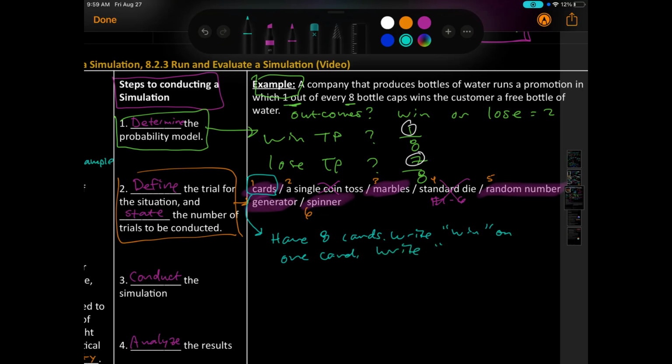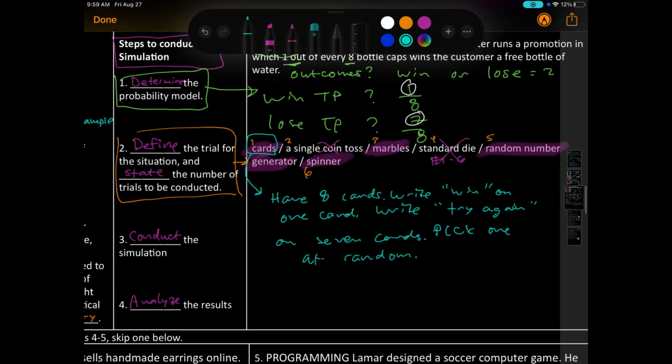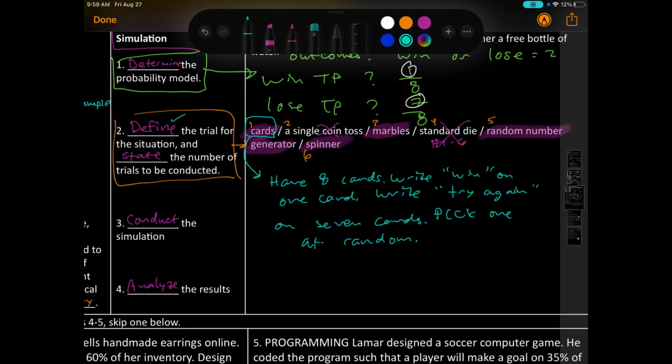Try again. On 7 cards. Pick one at random. I kind of told you my thinking out loud for the other ones. Okay, that's to define the trials.